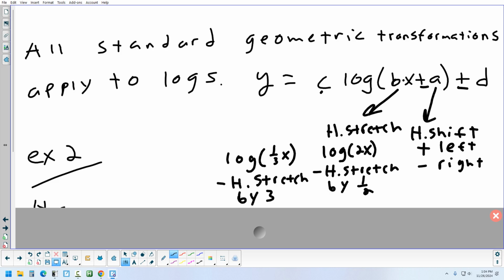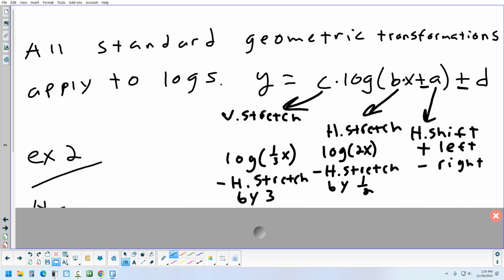Okay, let's do C. Now C and D are on the outside of the argument. So C and D are going to be what? Vertical. C is multiplication. So what kind of transformation would that be? Stretch. Stretch is when you multiply. So vertical stretch.